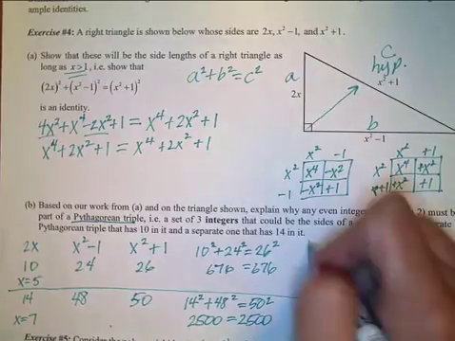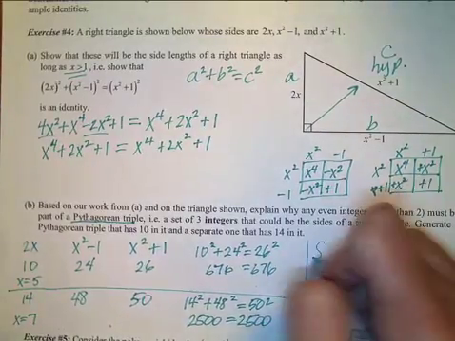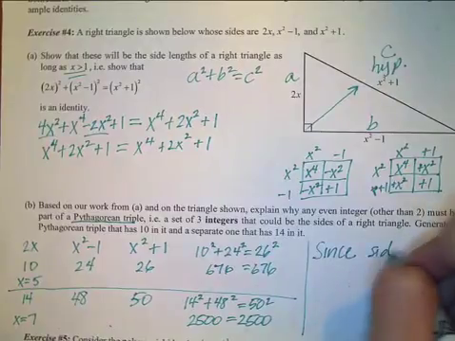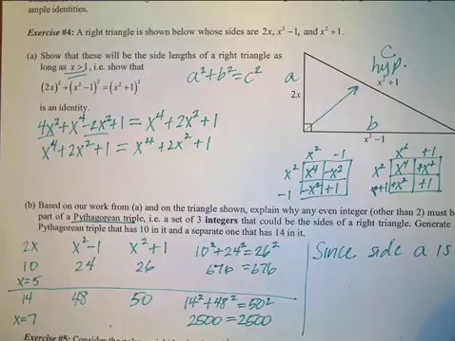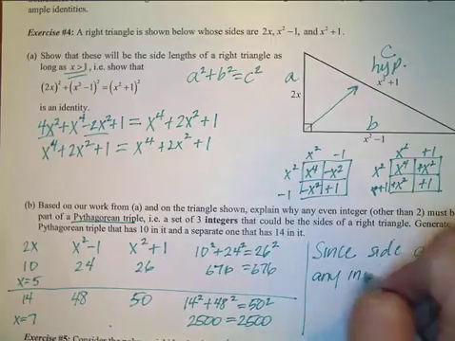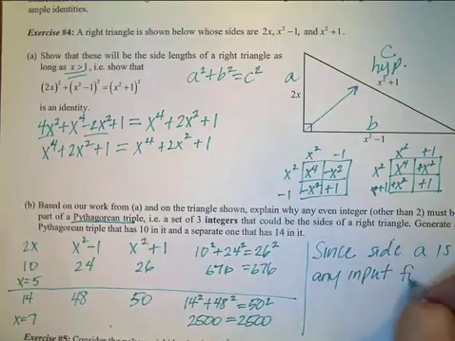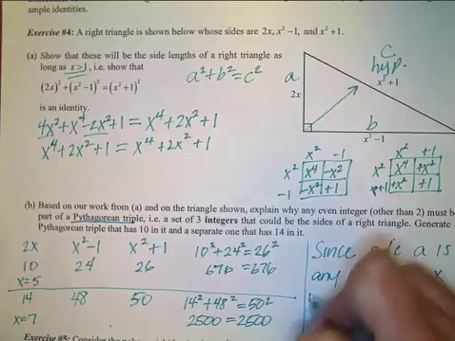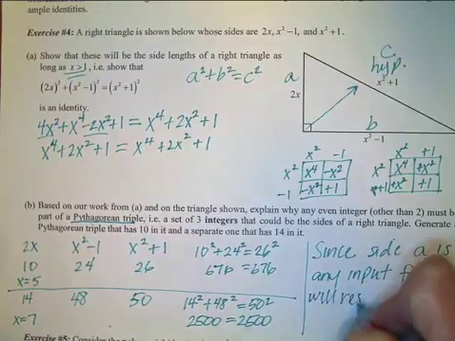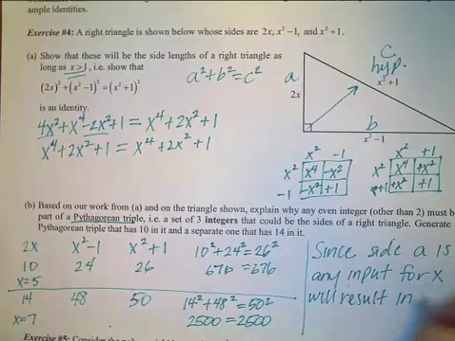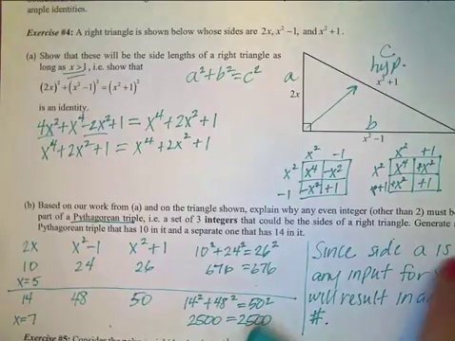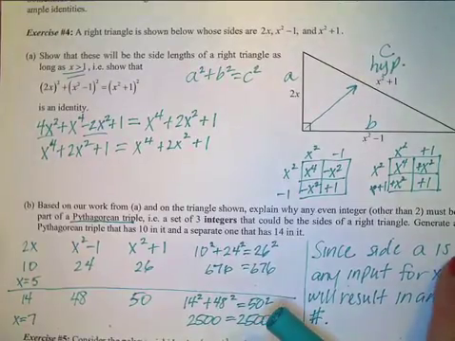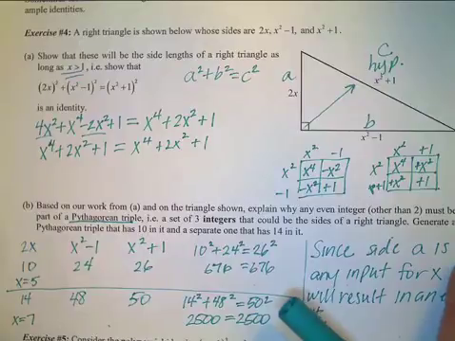And the reason for that is since side, we called it A, is 2x, any input for x will result in an even number. Huh? Well, if I take an odd number and multiply it by an even, I'm going to get an even. If I take an even number and multiply it by an even, I'm going to get an even.